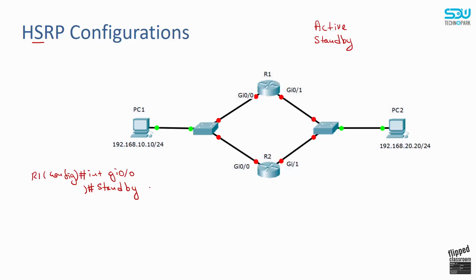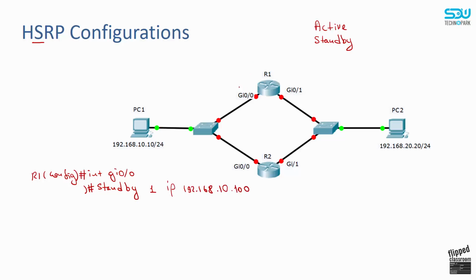So let us have a group number 1. And afterward, we will say that this standby group number 1 will work with the virtual IP address, which is going to be configured as 192.168.10.100.